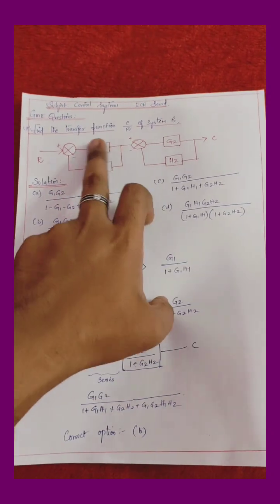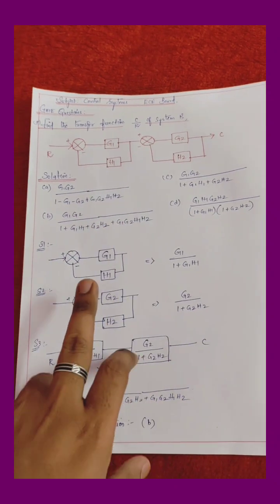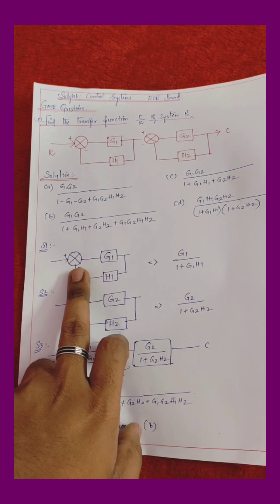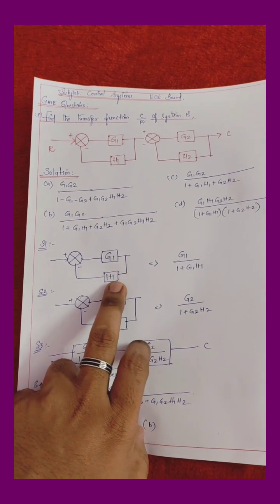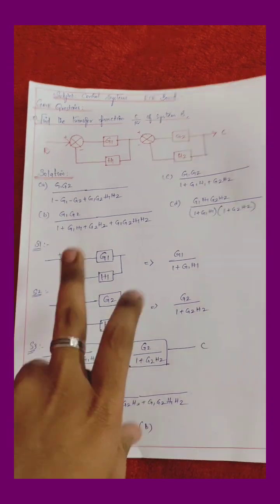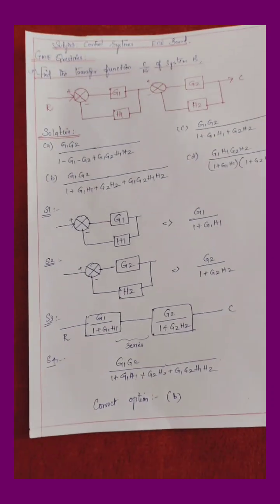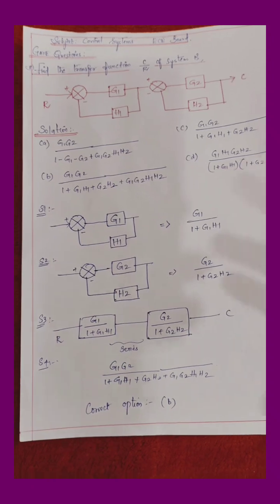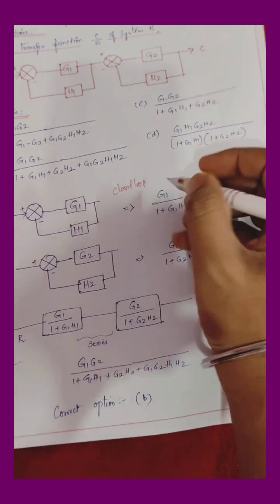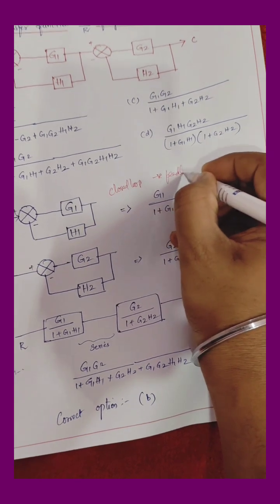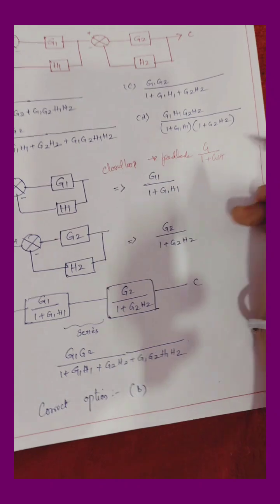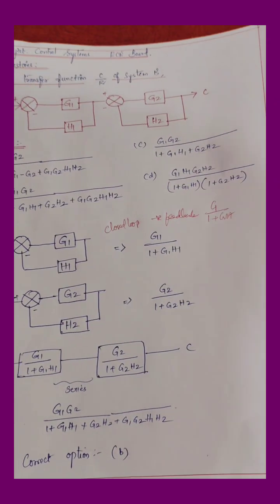Solution. First consider this block. Take this block, the summer with plus minus, G1, H1. This is completely a closed loop with negative feedback. So for a closed loop with negative feedback, G divided by 1 plus G into H. This is the formula.